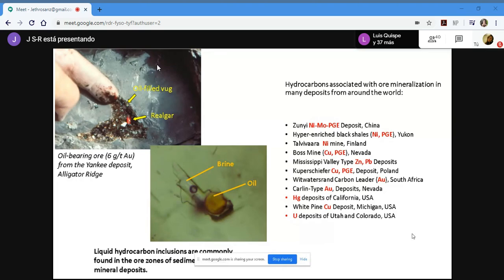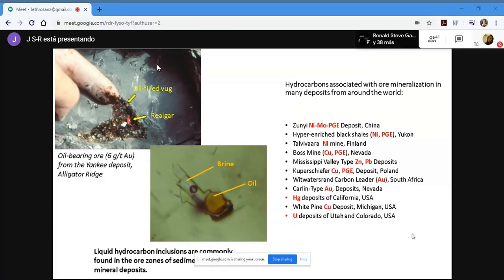As you can see, the ore zone of this deposit contains oily material, like these oil-filled cavities or vugs, and there is a high gold ore grade in these deposits in Nevada. They contain as much as 6 grams per ton gold, which means they're economically mineable.